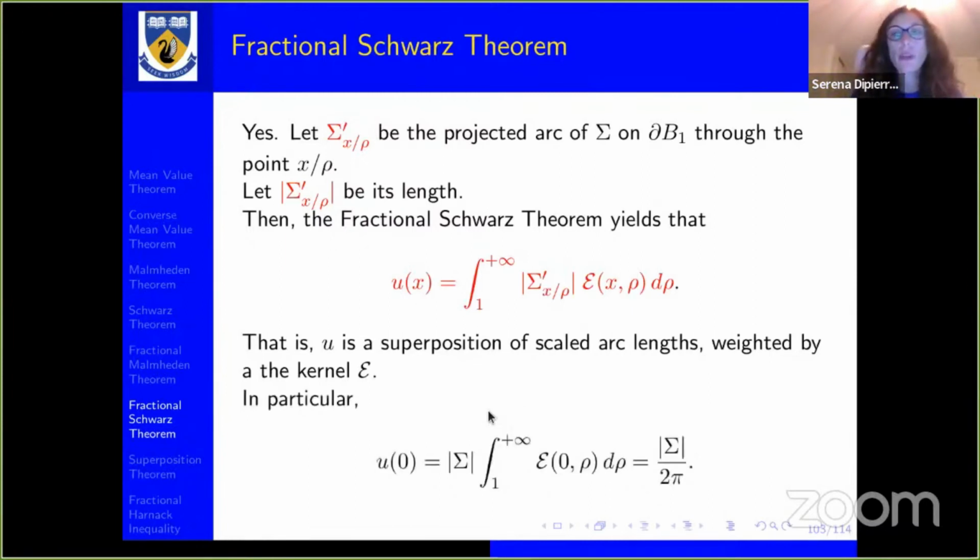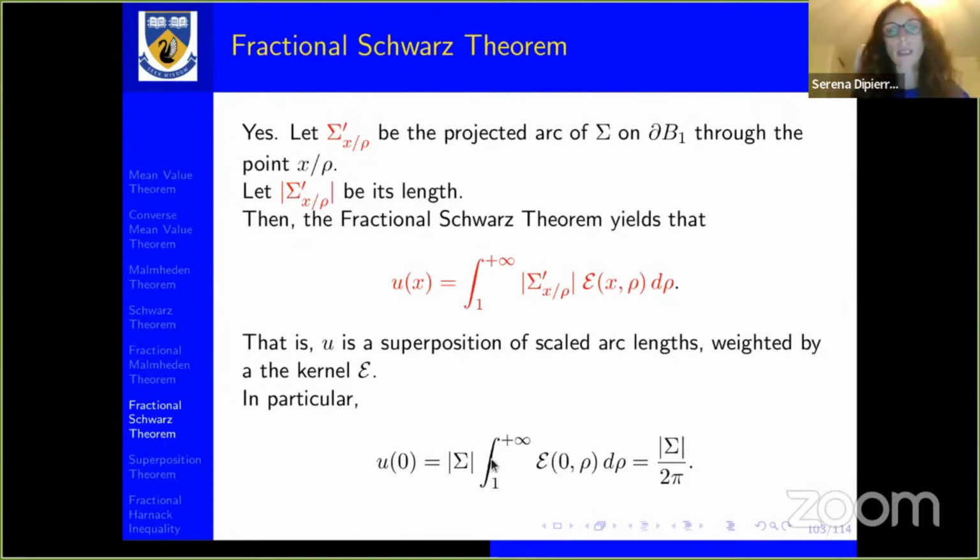And then in particular, if I compute it at the center, so u at the center is going to be actually the length of sigma, because if I take the conjugated arc of this with respect to the center, the length of the conjugated one will be the same as the length of sigma, because they will be symmetric with respect to the origin.